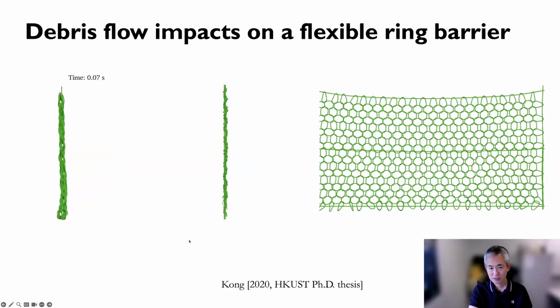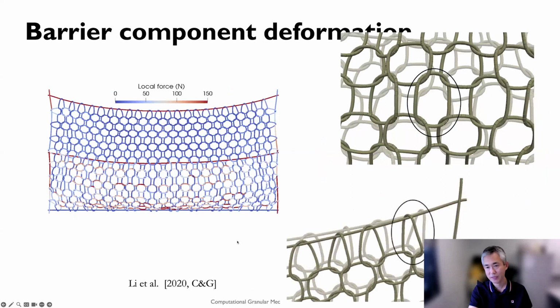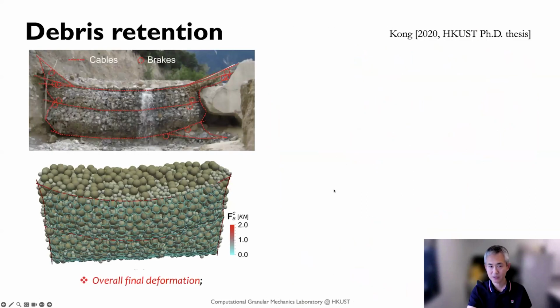This is a further sketch, a recap of the snapshot of the deformation. At the bottom part, the deformation is large, so the rings can be severely deformed and form even a nearly square type of deformation. On top, the deformation is less, and the rings more or less stay in the circular shape. This is a demonstration of the deformation here.